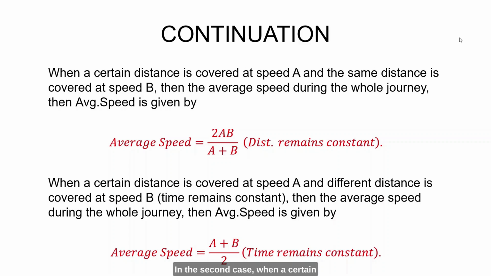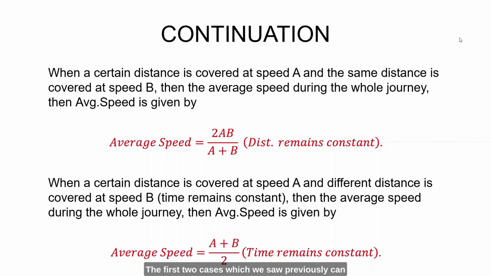In the second case, when a certain distance is covered at speed A and a different distance is covered at speed B, where time remains constant for both the journeys, then average speed can be given by the formula average speed is equal to A plus B by 2, where A is the speed of the first journey and B is the speed of the second journey.